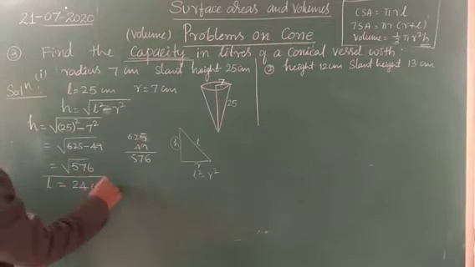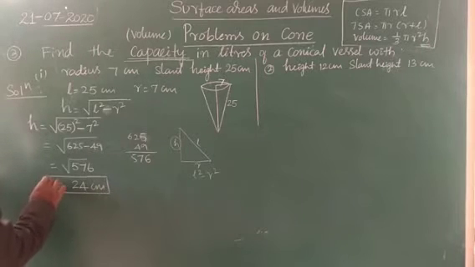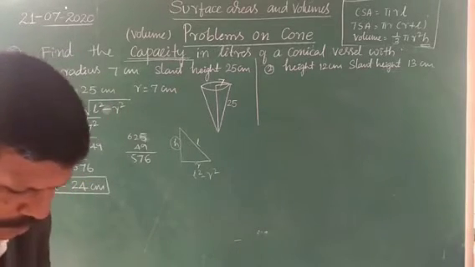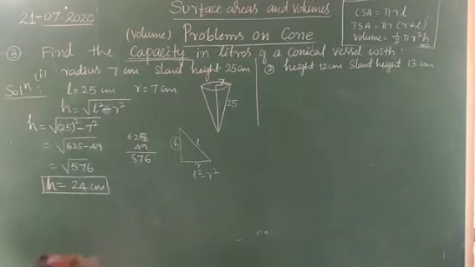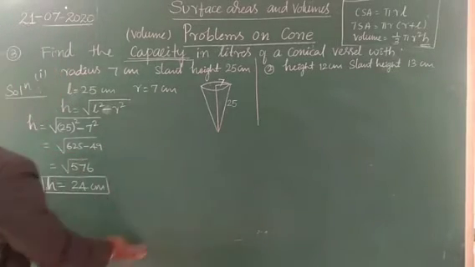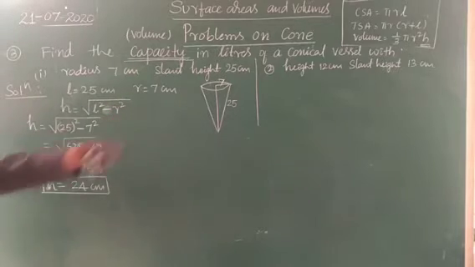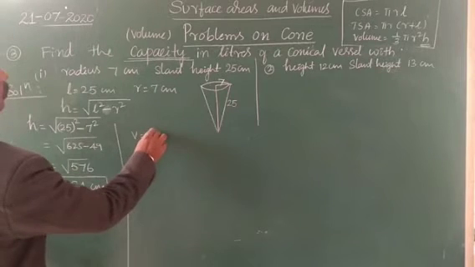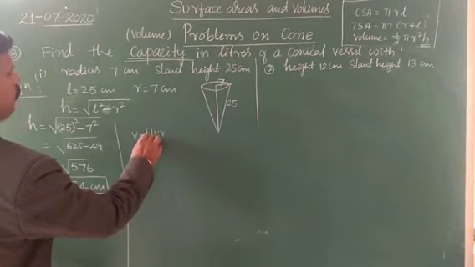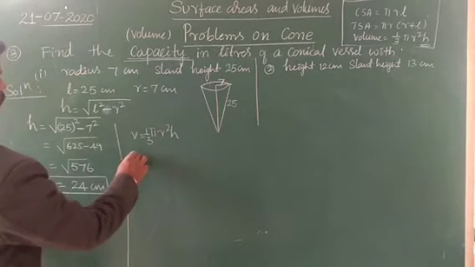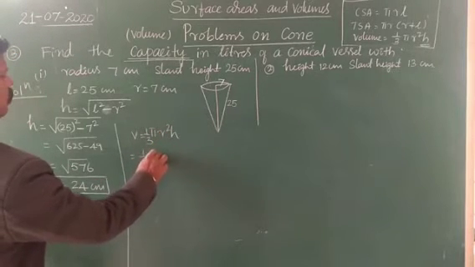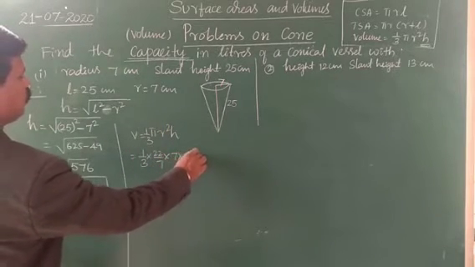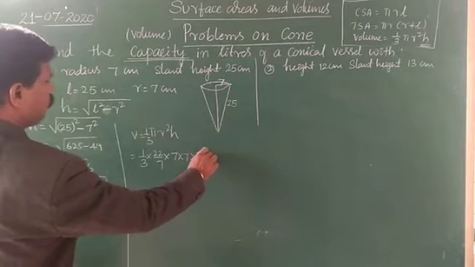So H is equal to 24 centimeter. Clear? Okay. Now we know H, we know R. Then volume is equal to 1 by 3 pi R square H. That is 1 by 3 into 22 by 7 into 7 square, 2 times, and H is 24.